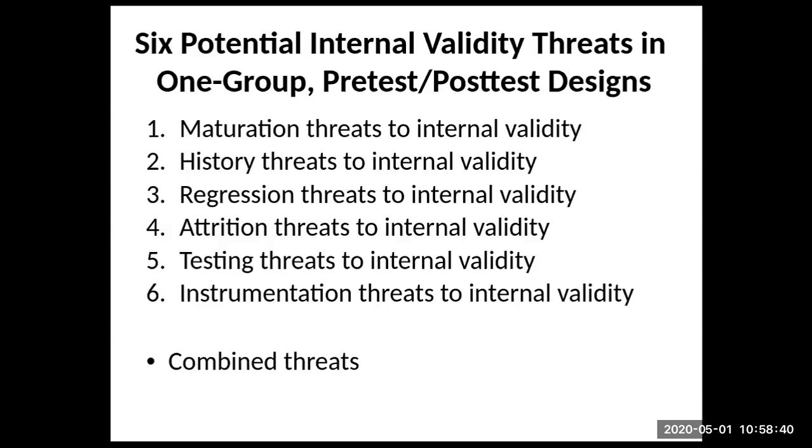History threats to internal validity. History deals with any sort of outside co-occurring event that may happen at the same time. So if we were to go back to the rambunctious kids, history might be that you're at a summer camp, so maybe it's really, really hot outside, and so they're really, really excited on day 1 to be there, and they're really, really great.